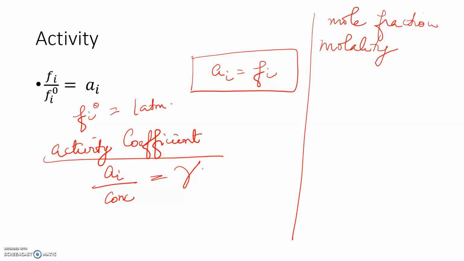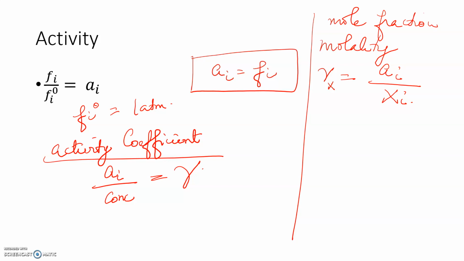The units of concentration determine what type of activity coefficient we are talking about. When concentration is expressed in terms of mole fraction, activity coefficient gamma is equal to activity divided by mole fraction xi, and this is known as mole fraction activity coefficient, gamma x.